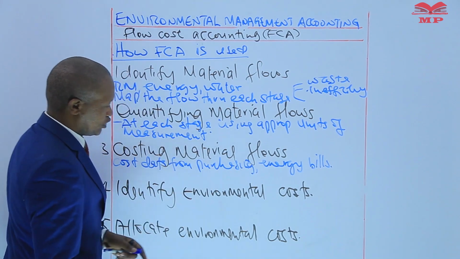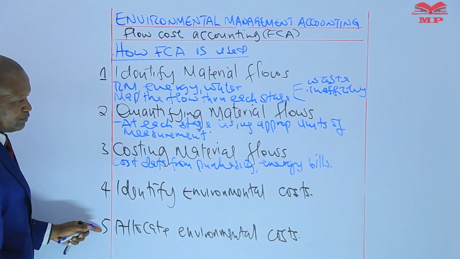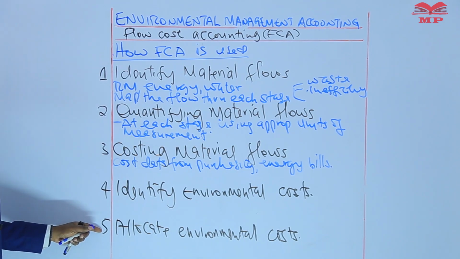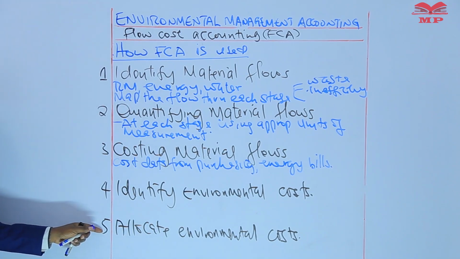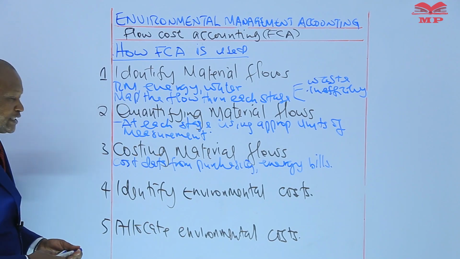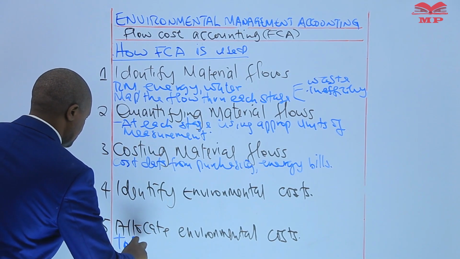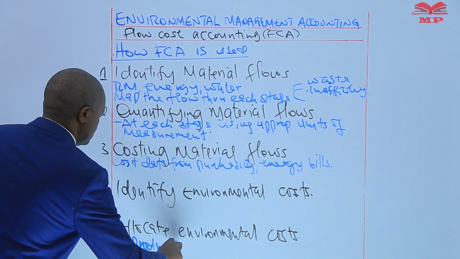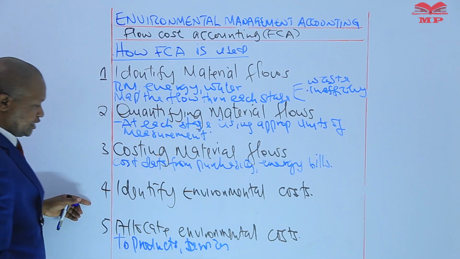Identifying environmental costs. Then lastly is to allocate environmental costs. Allocation of environmental costs. And this is the allocation of the environmental costs to products, to services, and such like.